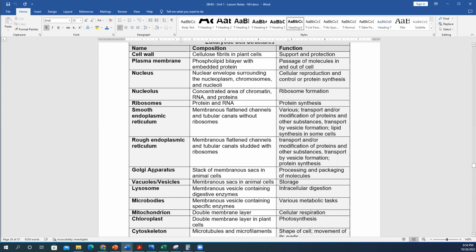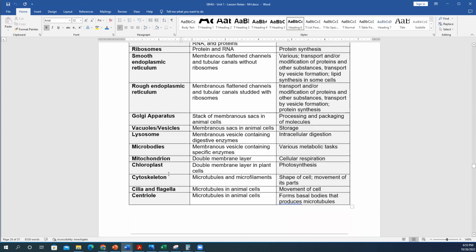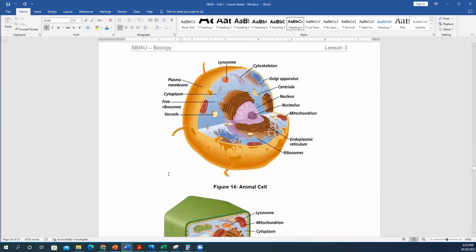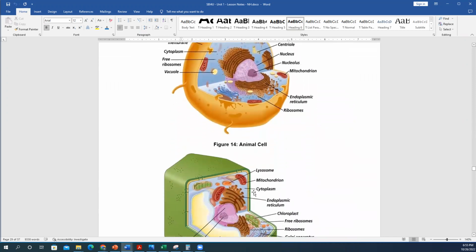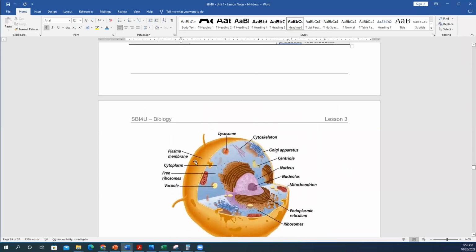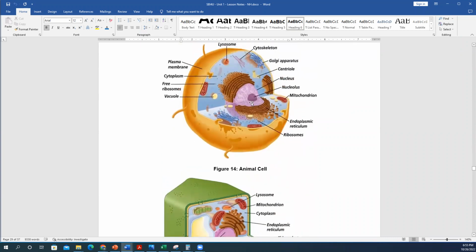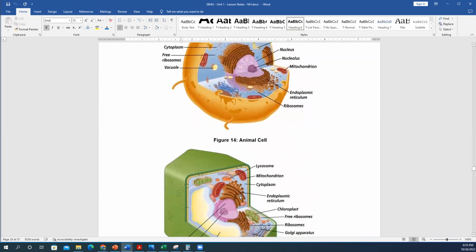We learned a little bit about the function of these different organelles and how they are related to the overall functioning of the cell. We looked at a couple of examples of eukaryotic cells. We looked at the animal cell versus a plant cell and noted that they have very similar structures, similar organelles with certain differences.